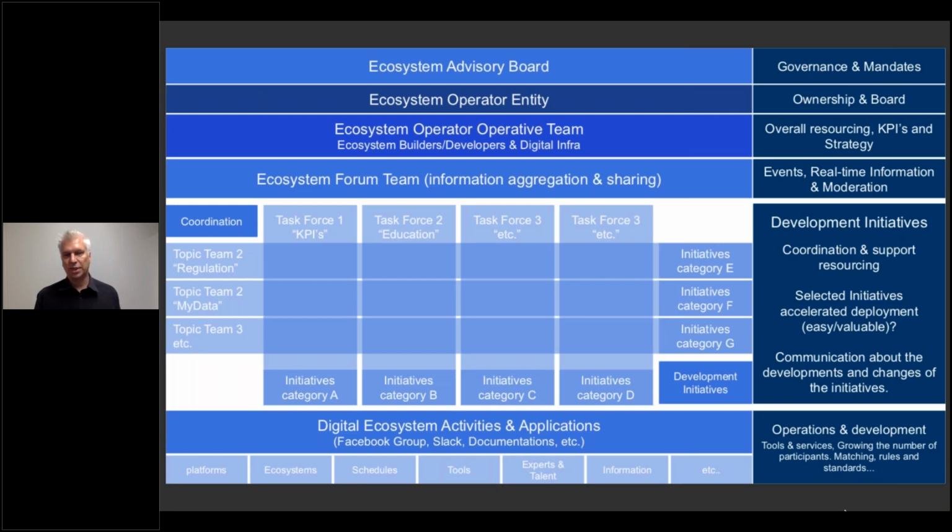And the biggest missing component typically is that there is no ecosystem operator who looks at the ecosystem as a neutral actor to push that forward.